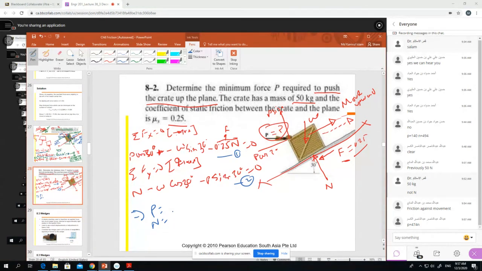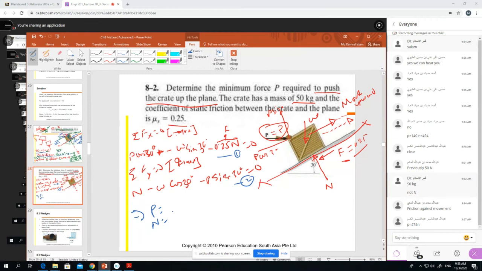So what is the result? P equal to 4 and N equal to 4. Please solve the problem and tell me the answer. What is the value for P?